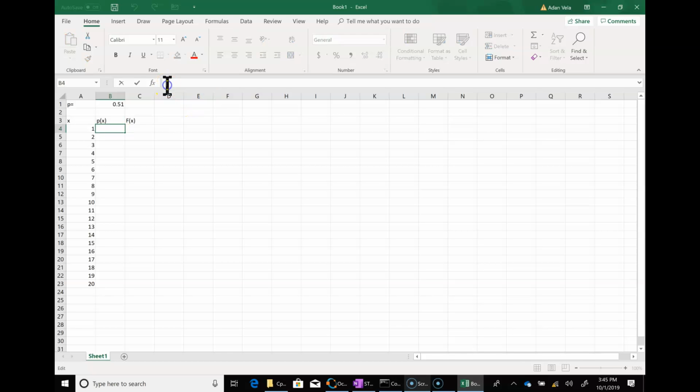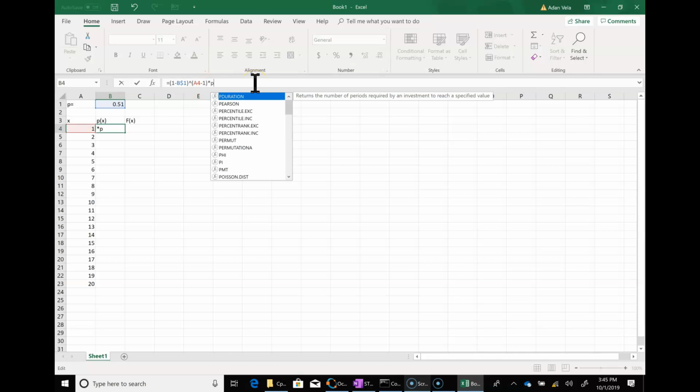All right, so in this case, we are going to set it equal to 1 minus p, and p is this 0.51, and I'm going to use the dollar sign just so I can apply this equation downward. So I'm just applying the equation we already had.